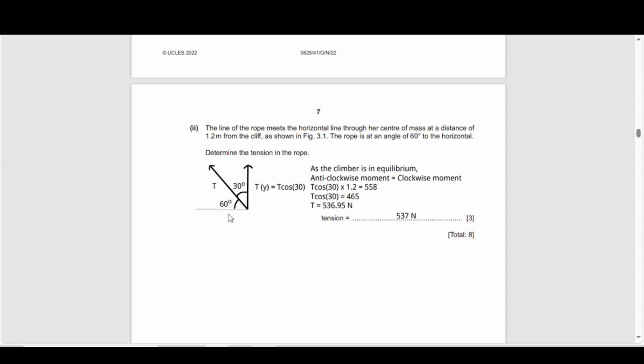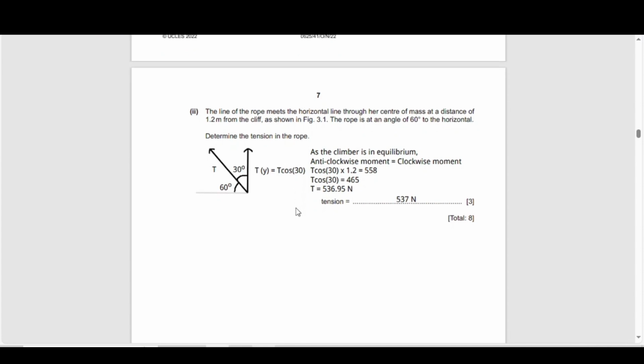And we know that T cosine 30 is what we need to multiply by the distance, which is 1.2, and that equals 558. So if you now rearrange the equation for T, you'll be able to calculate the value of cosine 30 by punching it into your calculator. Just make sure that your calculator is set to degrees and not radians, because we're working with degrees here. So that should give you a value of T of 536.95 newtons, or 537 newtons.